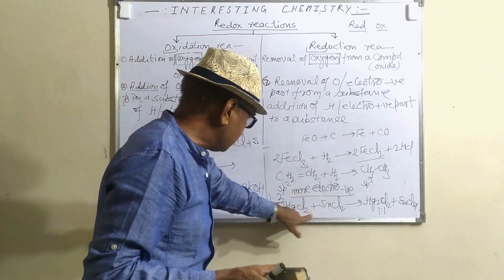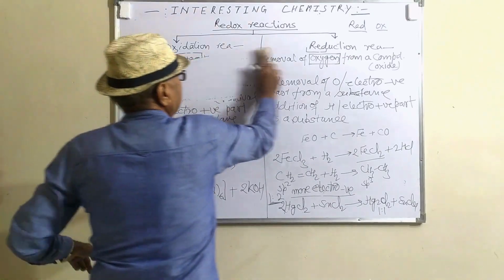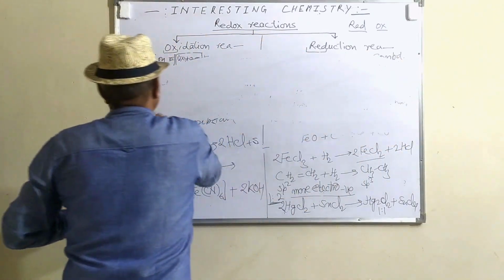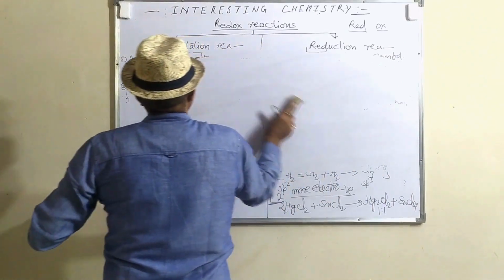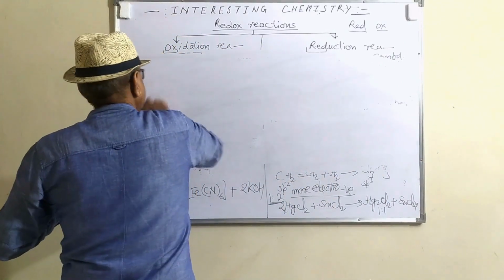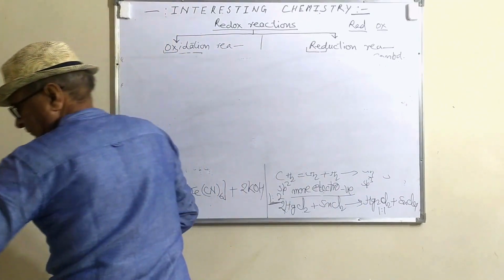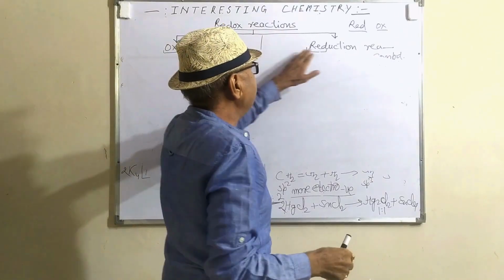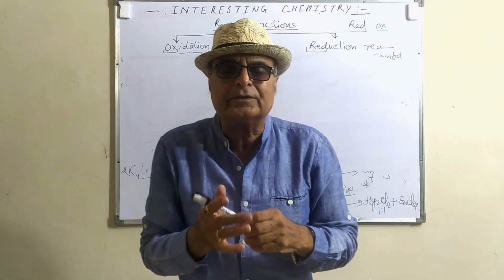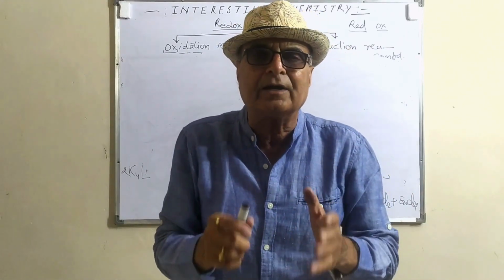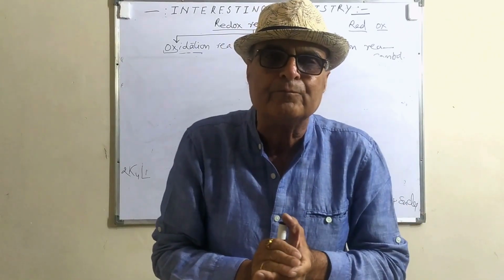Now I am taking this example again here. This is the most important and most valuable example for the redox reaction. Now I am telling you that oxidation and reduction are two faces of the same coin.